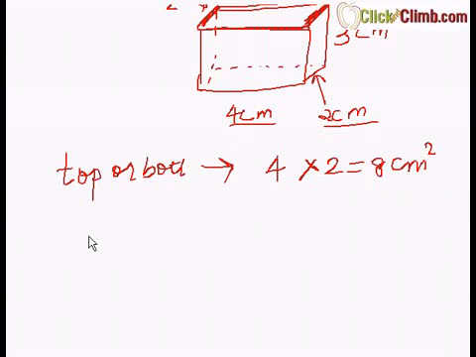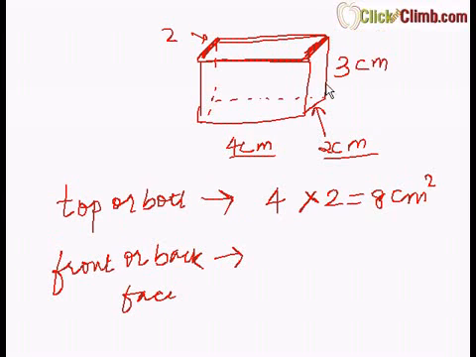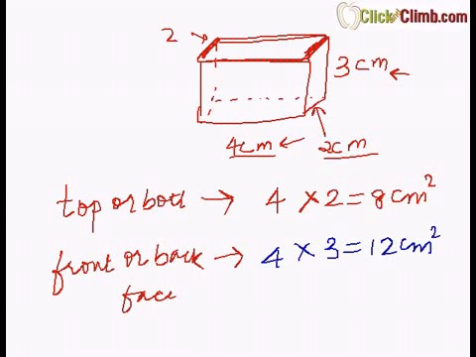Alright, now we find the area of the front or the back face. Both will have the same areas, so that will be 4 times 3. Now for the front and the back face, we have to consider 4 centimeters and 3 centimeters. So that will give us 4 times 3, that will be 12 centimeters squared.